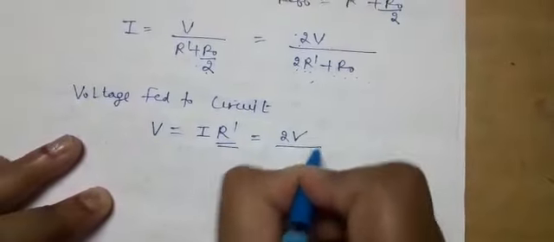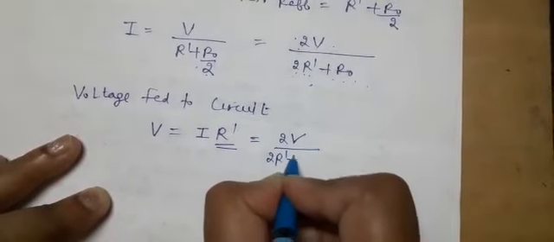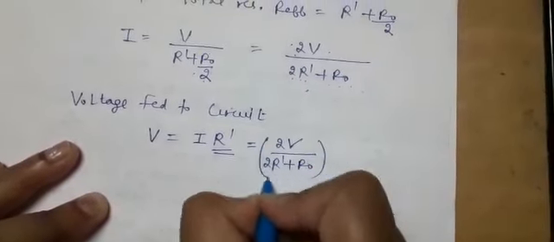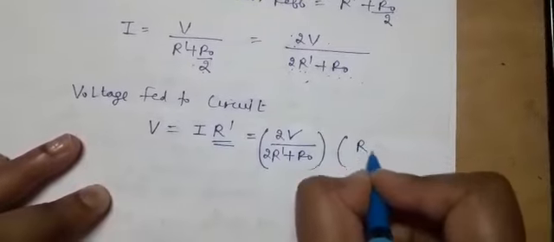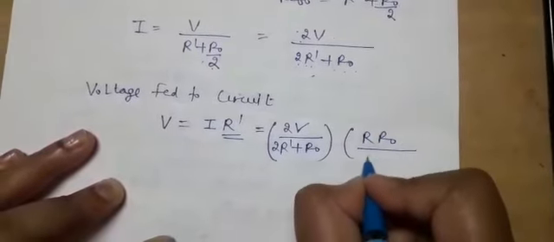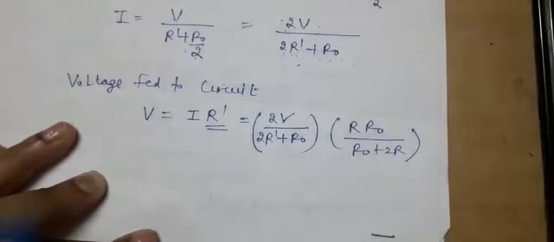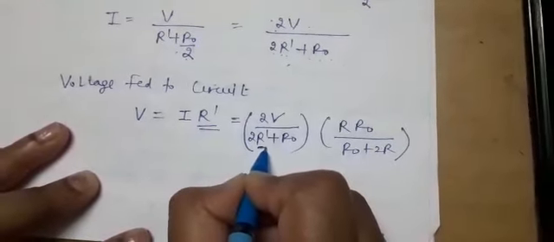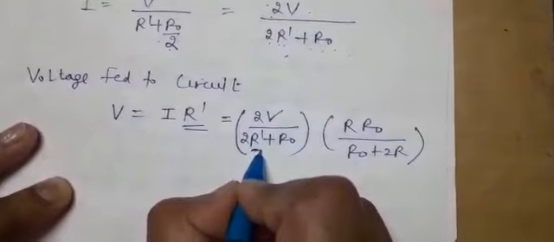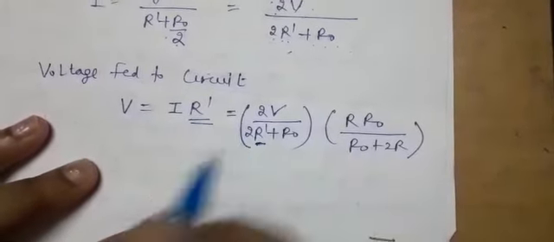See, 2V upon 2R dash plus R0, and R dash is R, R0 upon R0 plus 2R. So here R dash also has to be converted into R, R0. Put the value here.